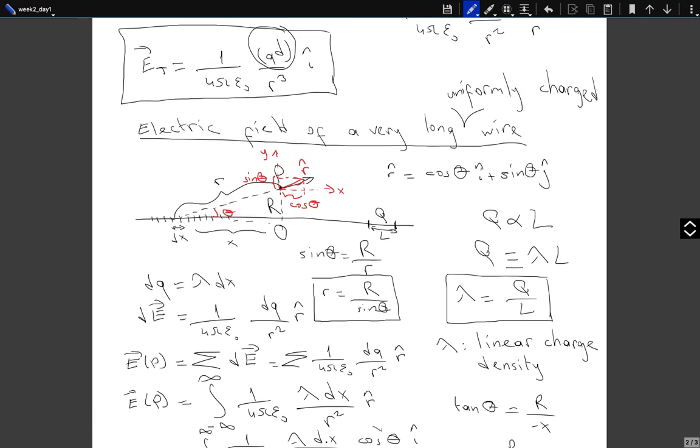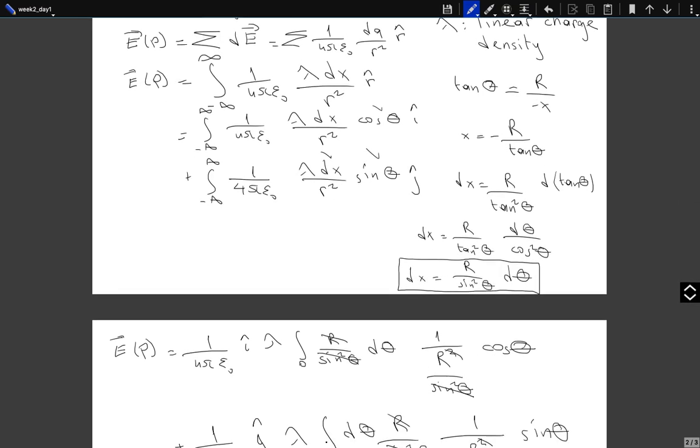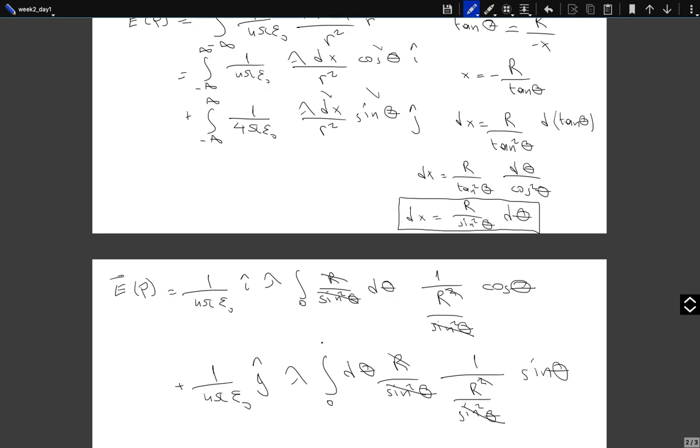The upper limit: as I am approaching the origin, theta becomes pi over 2. As I'm going towards plus infinity, theta becomes larger and larger. Eventually, it's a line. So what is the angle theta? Pi, 180 degrees. So the limit is from 0 to pi.